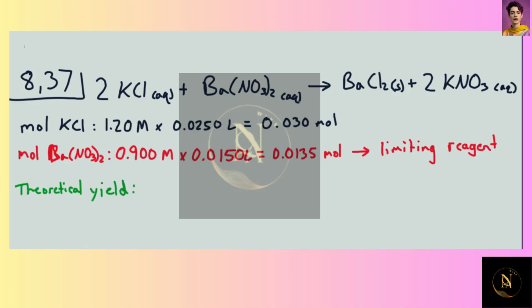So since 0.0135 is our limiting reagent, we're going to start with this. So we have 0.0135 moles of barium nitrate, and there's a 1-to-1 ratio between barium chloride and barium nitrate.